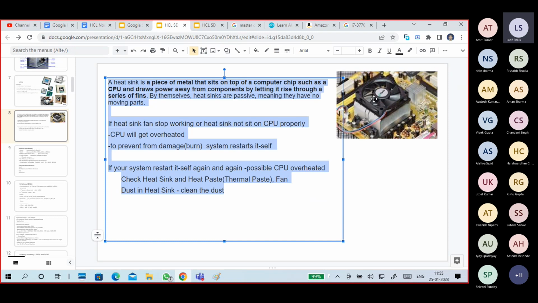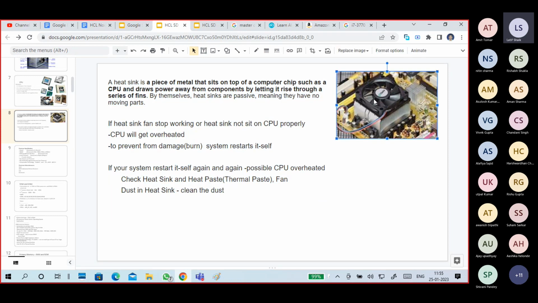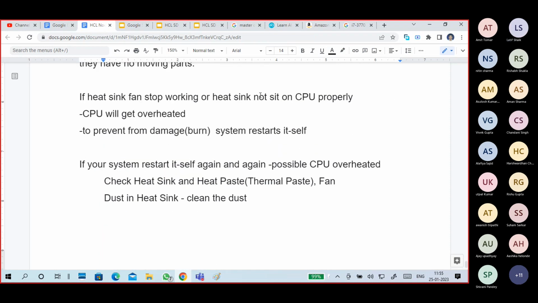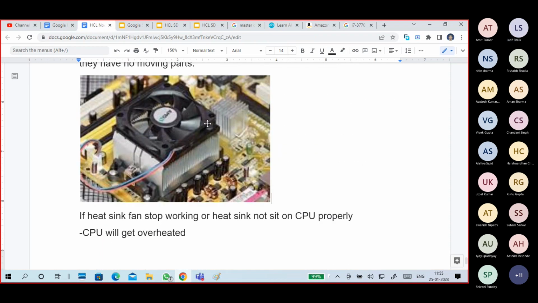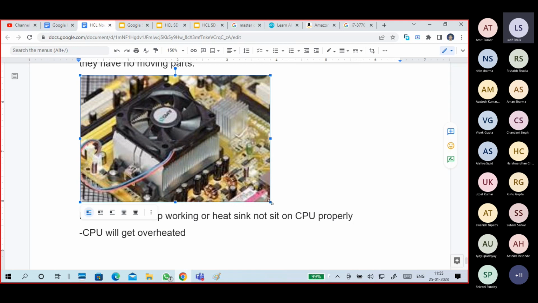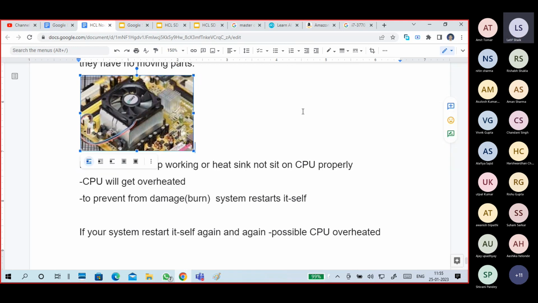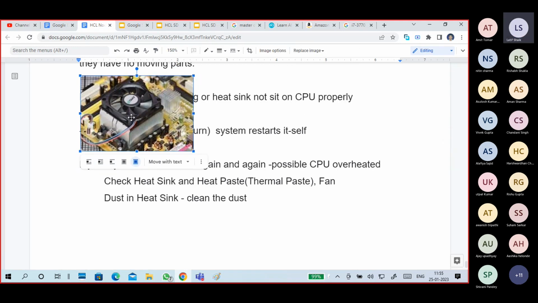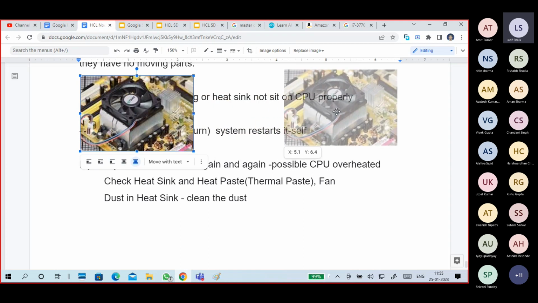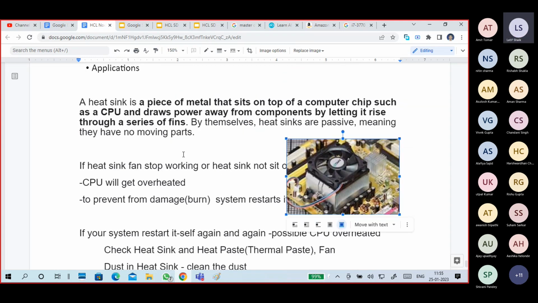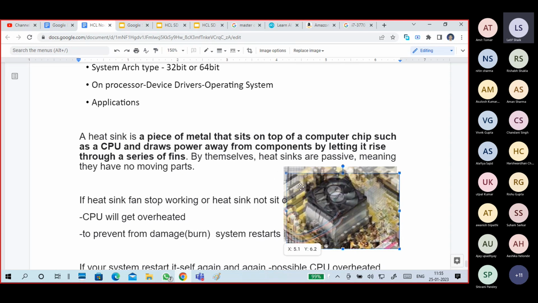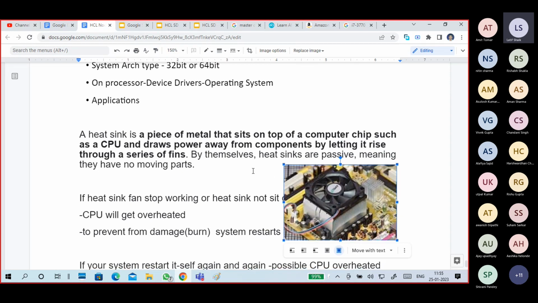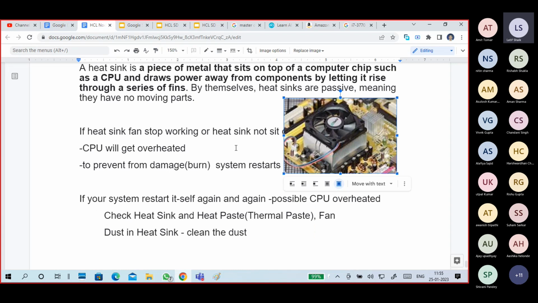Guys, this is a processor. On the processor, there is a heat sink. The processor will get heat every time. The heat will always touch us right here.